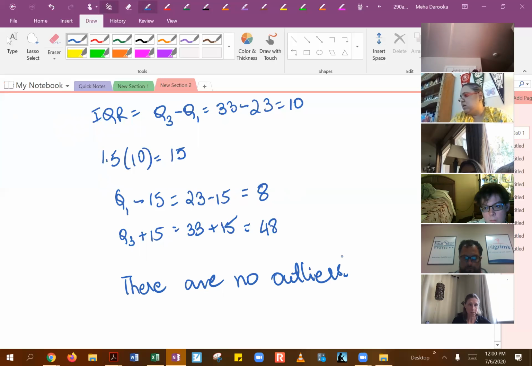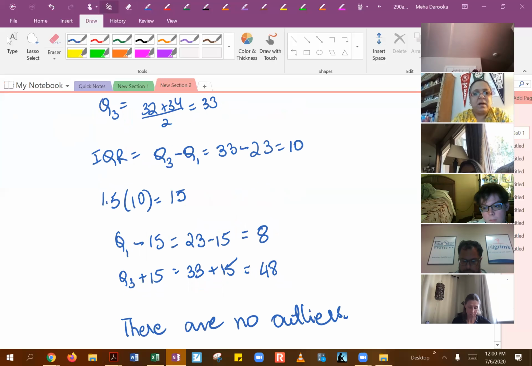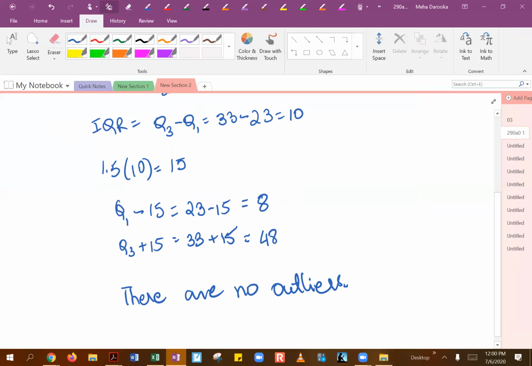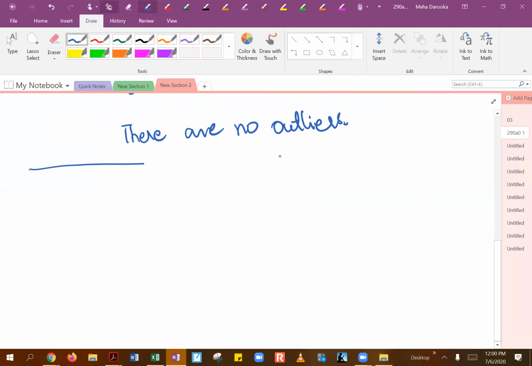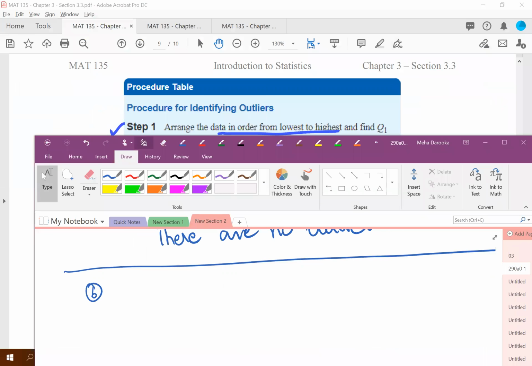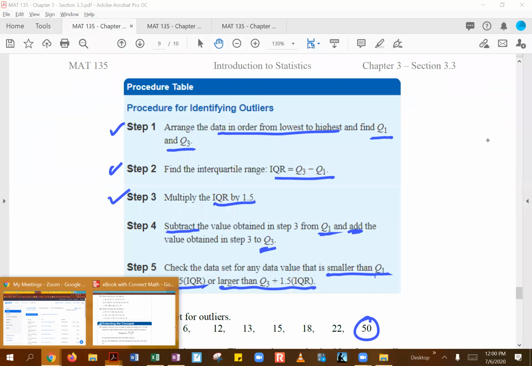Let's do one more example, and I guess we'll do part B since we did part A over here. So let's do part B. And there we go.